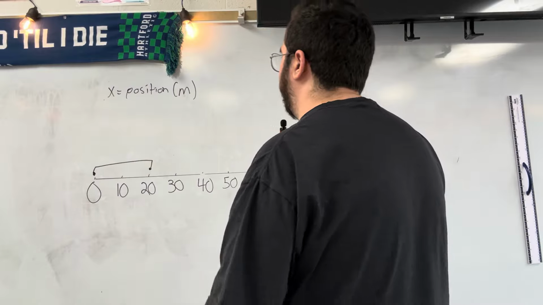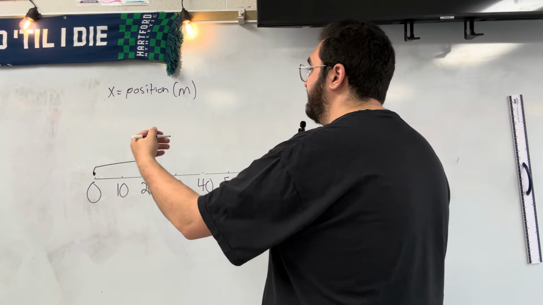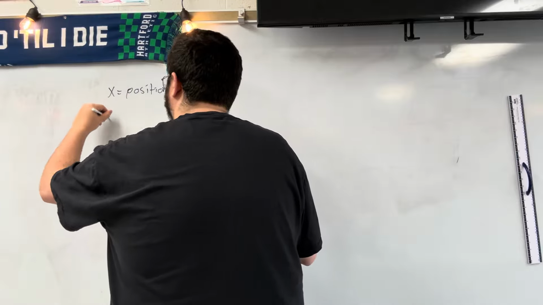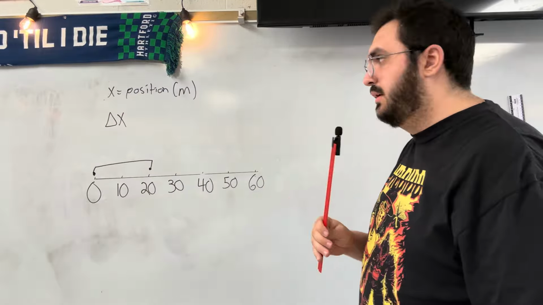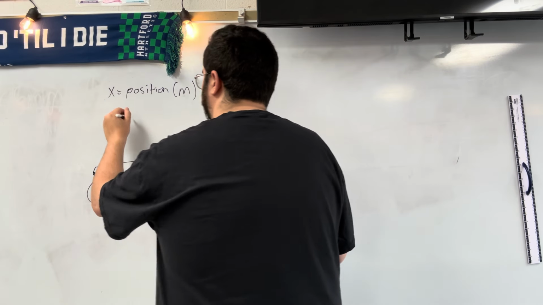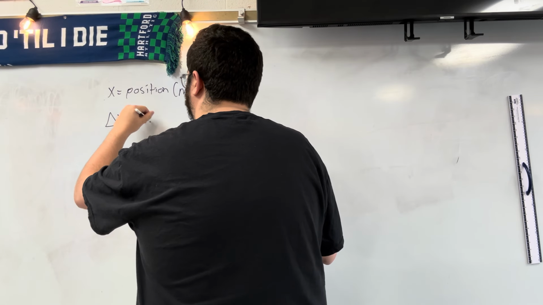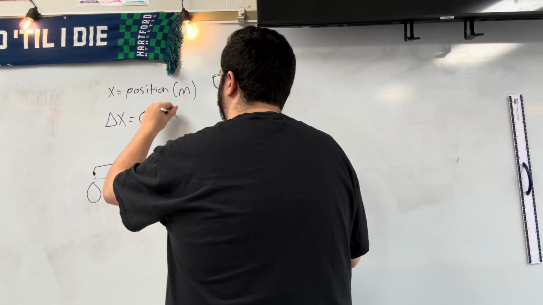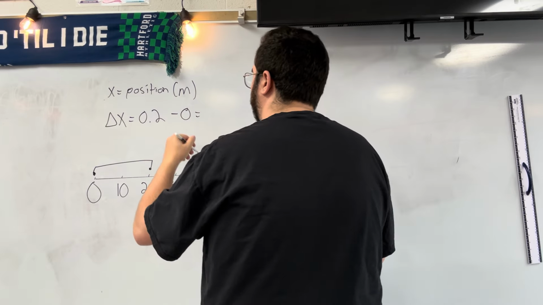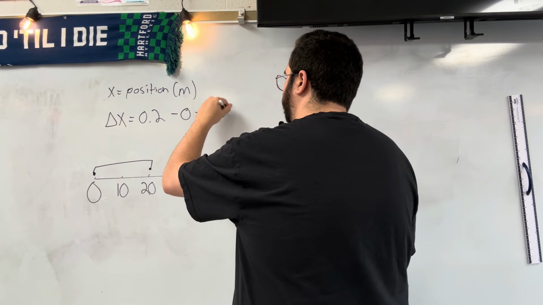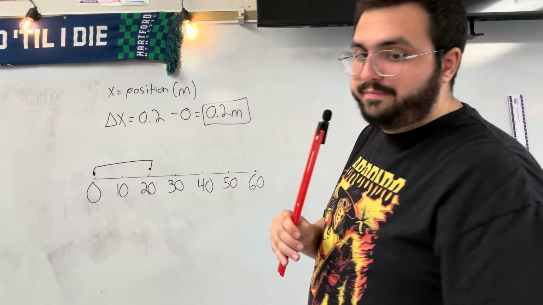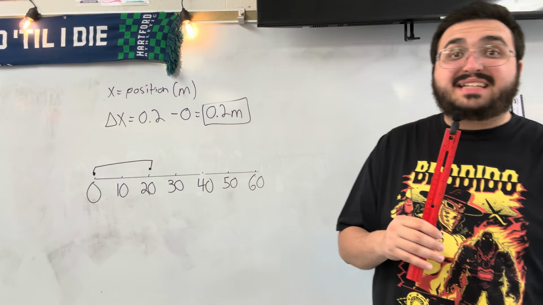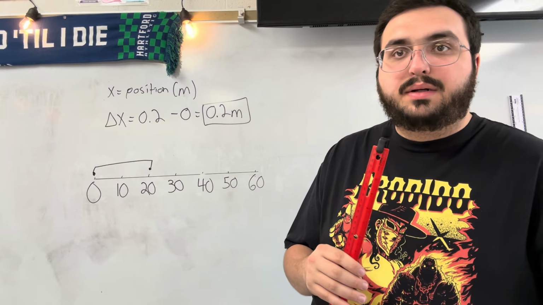And our actual change in position, so delta x, that's what that triangle means, just change in, would be 0.2 minus 0, which equals 0.2 meters. Pretty straightforward so far. So that is how our position has changed.